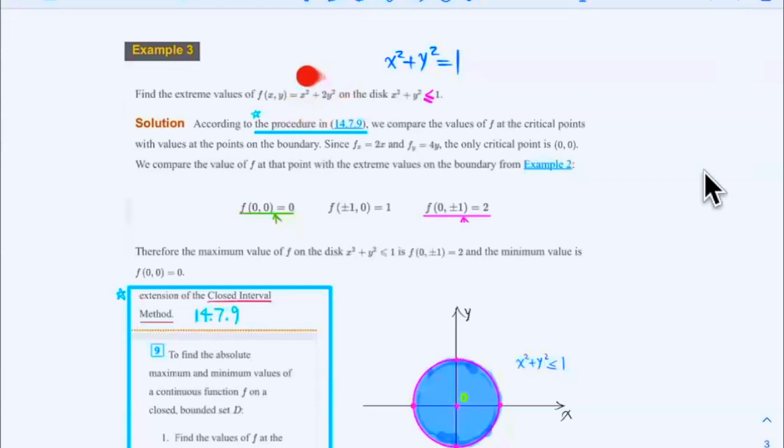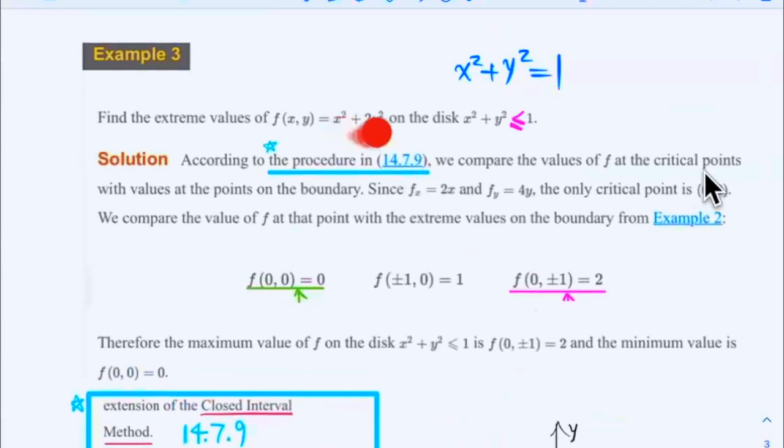What's the partial derivative with respect to x? 2x, right? With respect to y? 4y, right? If you set this equal to 0, x equals 0. Set this equal to 0, y equals 0.